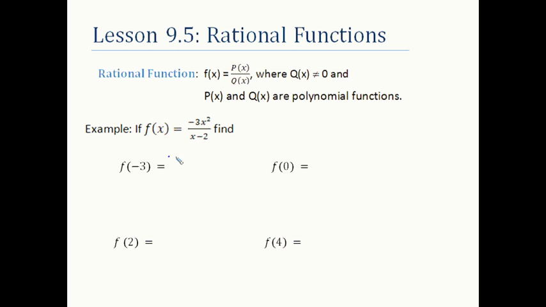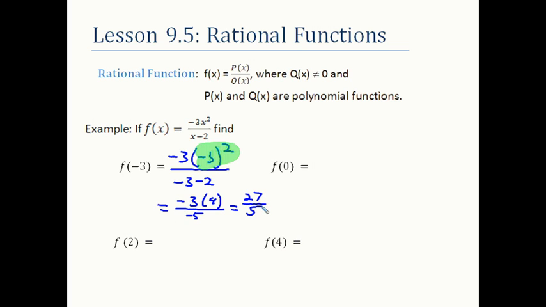So this is going to be negative 3 times negative 3 squared over negative 3 minus 2. Simplifying this, negative 3 squared is 9, so we have negative 3 times 9, and then negative 3 minus 2 is negative 5. So we get negative 27 over negative 5, which is a negative over a negative, so we just get 27/5.